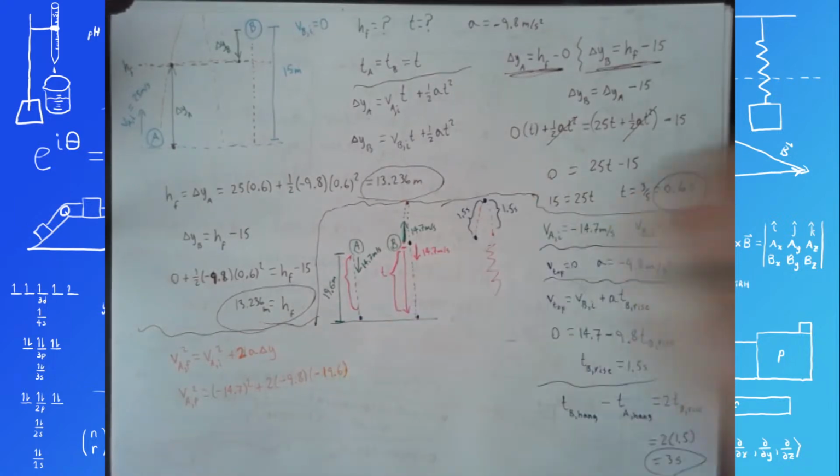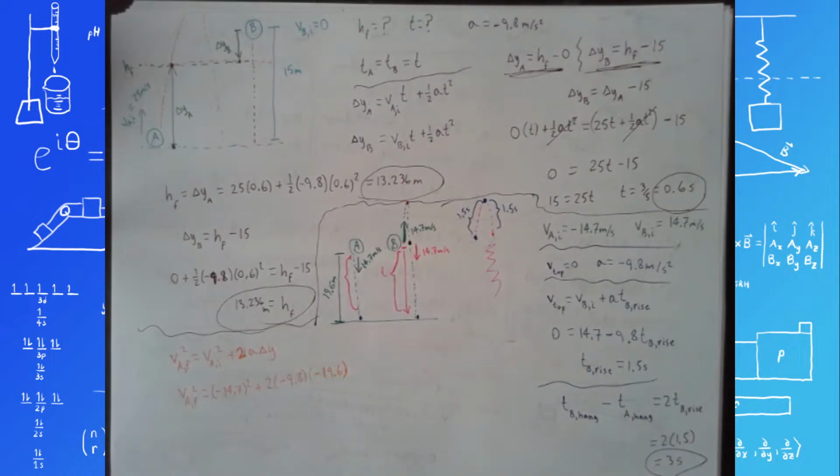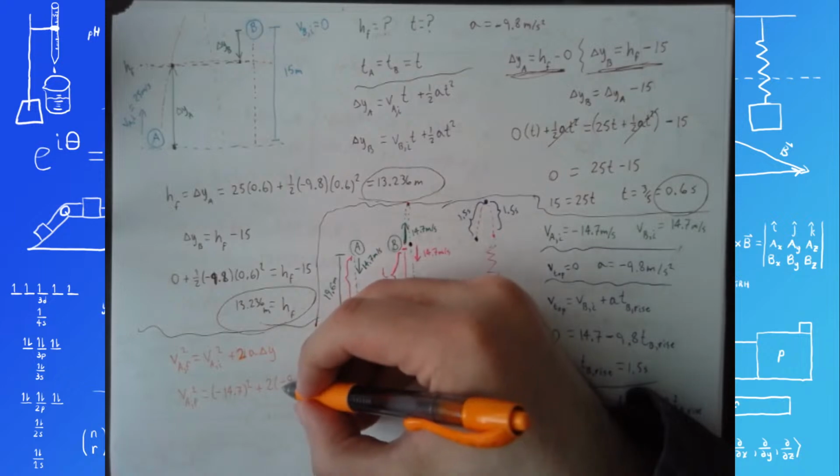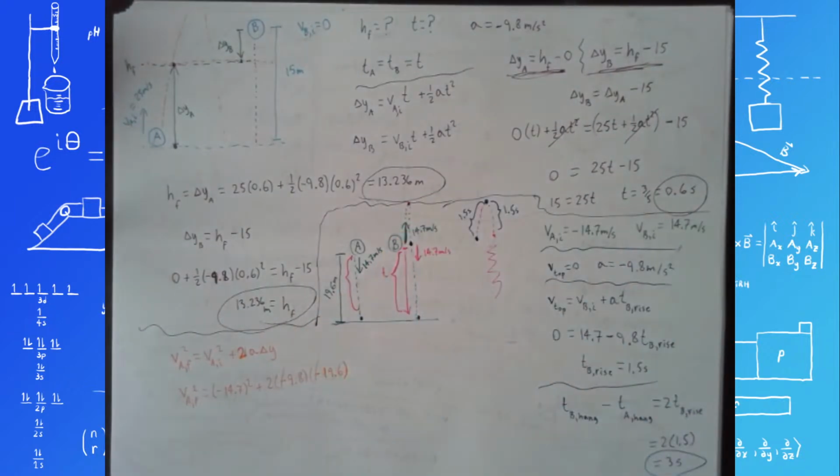And putting all that together, what does our calculator give us? 14.7 squared plus, well, these negatives cancel, so 14.7 squared plus 2 times 9.8 times 19.6 is 600.25.